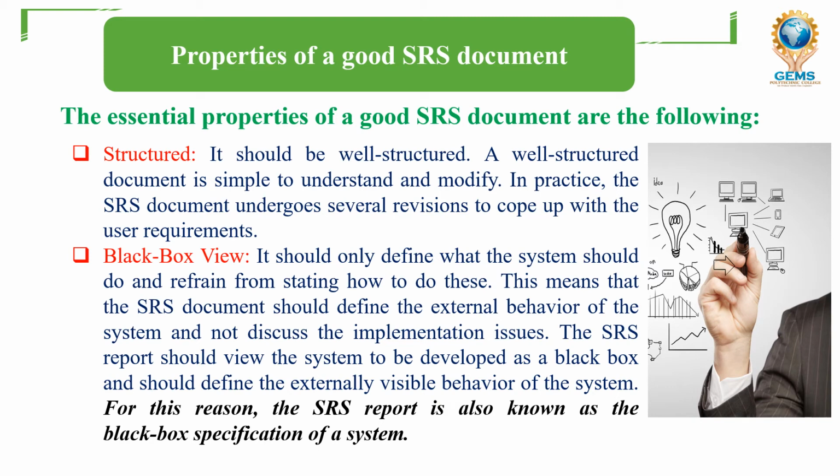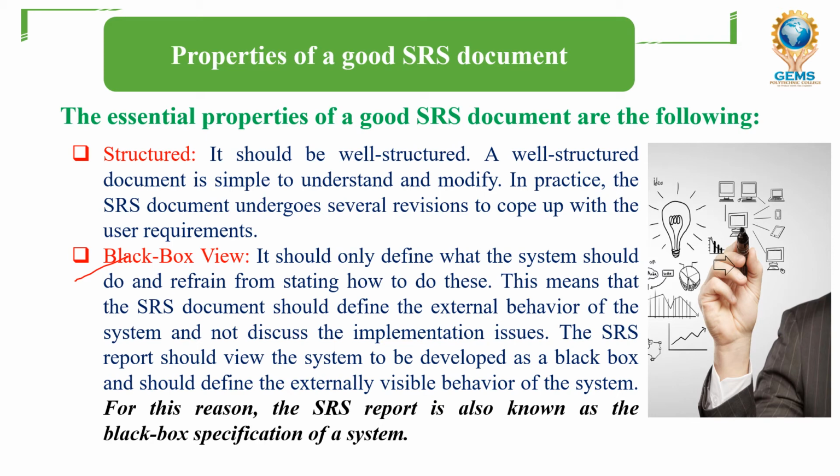Next point is black box view. It should only define what the system should do and refrain from stating how to do it. This means that the SRS document should define the external behavior of the system and not discuss the implementation issues.